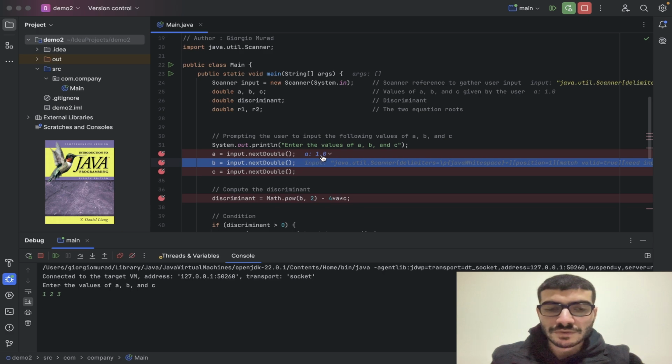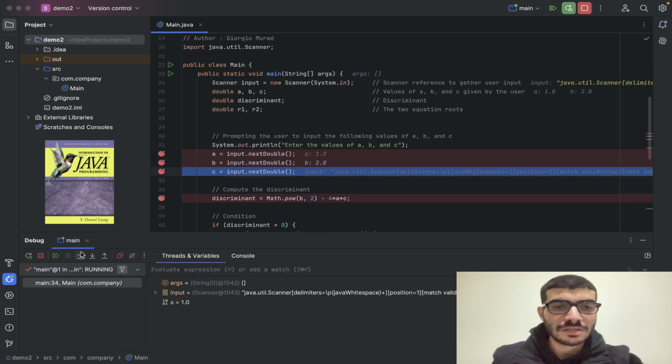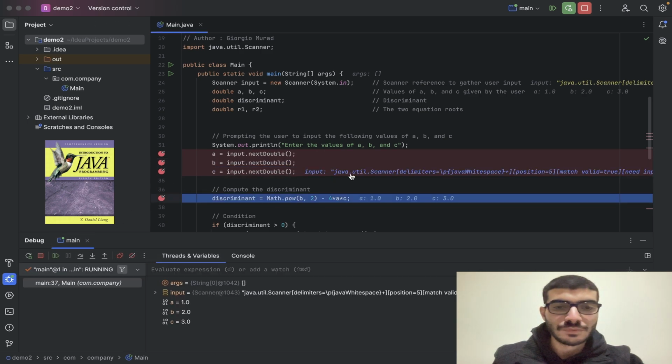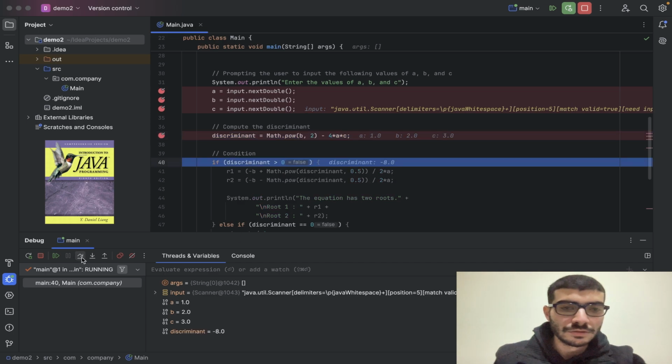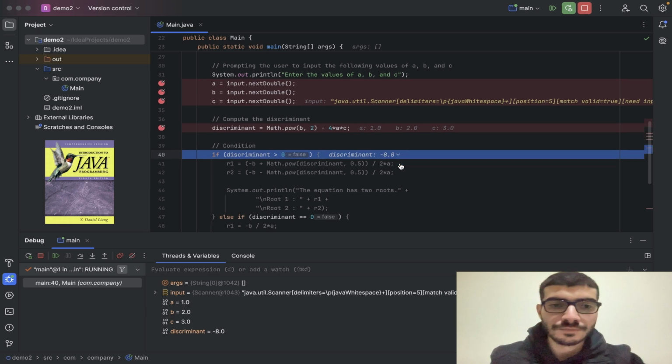Okay, so the first value has been extracted and assigned to A. Let me go here, step over, B equal 2, C equal 3. Where is C? Here. And here, C equal to 3. Okay, so I got my discriminant minus 8.